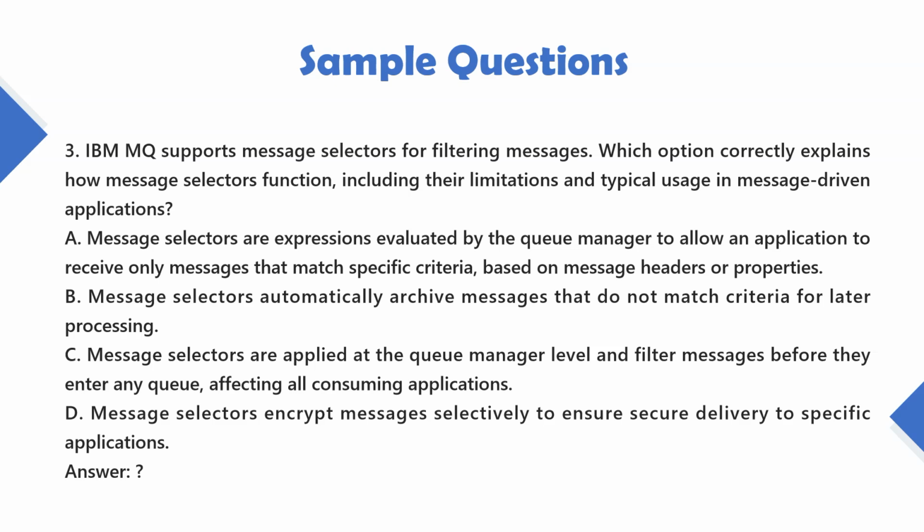B. Message selectors automatically archive messages that do not match criteria for later processing. C. Message selectors are applied at the queue manager level and filter messages before they enter any queue, affecting all consuming applications. D. Message selectors encrypt messages selectively to ensure secure delivery to specific applications. Answer: A.